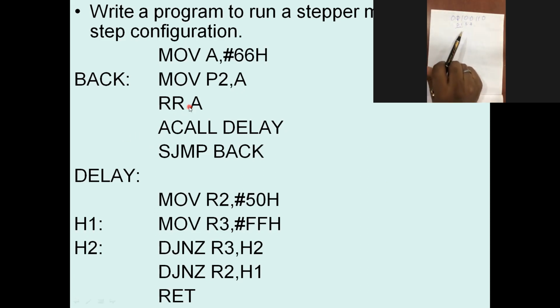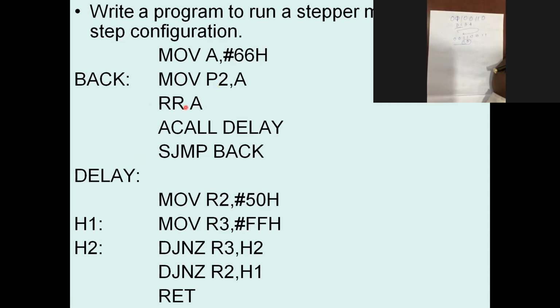RRA, rotate right. This is my right side. So all the bits will be rotated. Rotate, then it will be C, B. 0, 0, 1, 1, 0, 0, 0, 1, 1. So now C, B will be energized. ACALL DELAY, then jump back. ACALL DELAY means I wait for a few seconds. Again jump back, means again MOV P2, A, and now C, B will be energized.